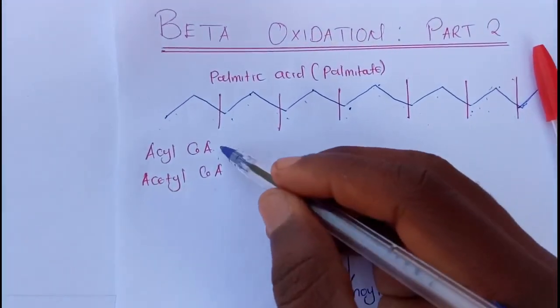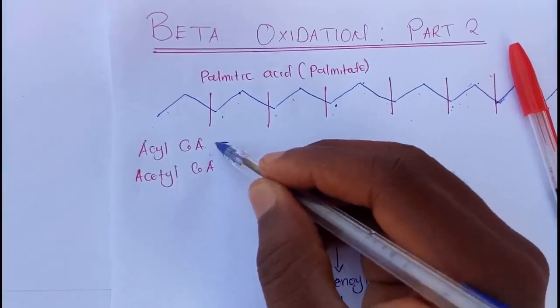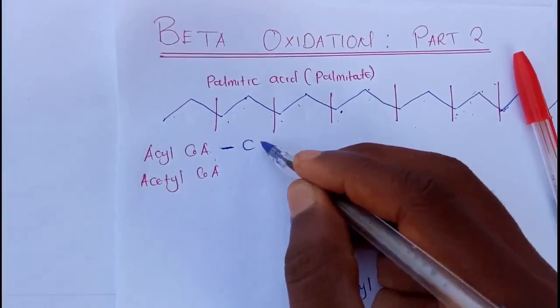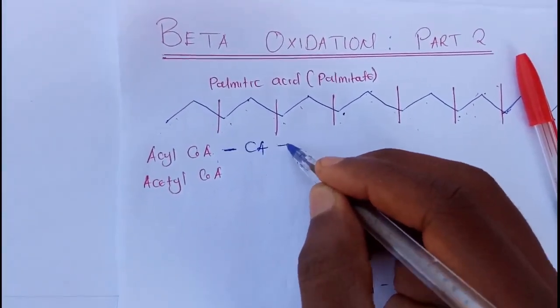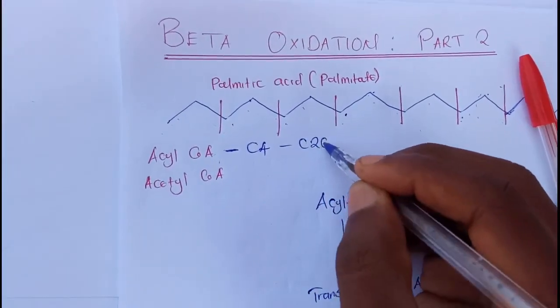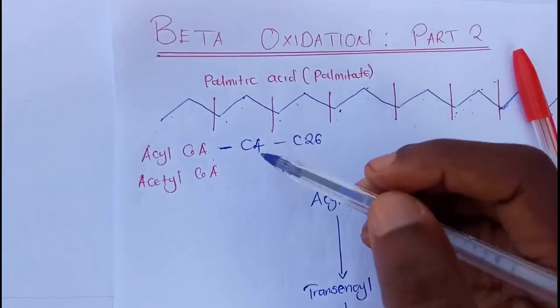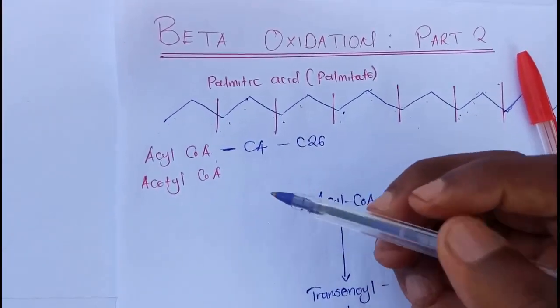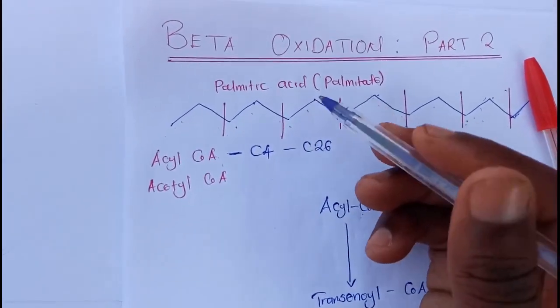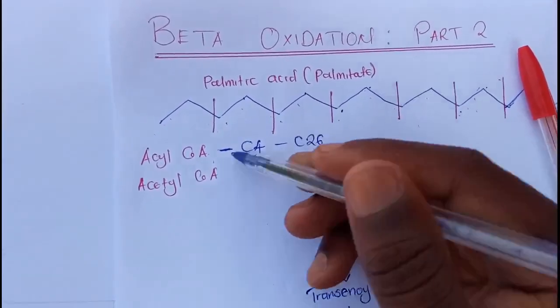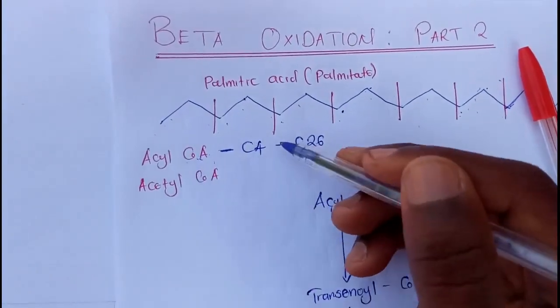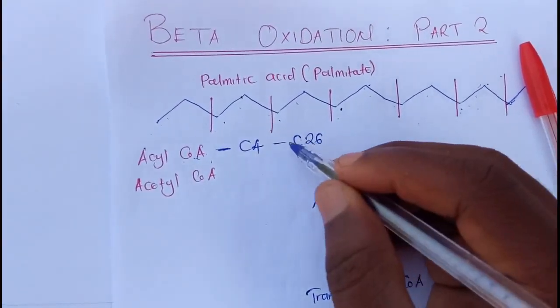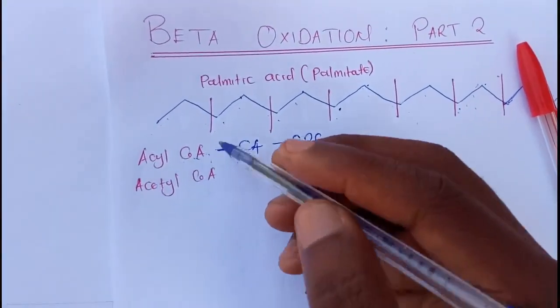An acyl CoA is simply when we have chains starting from C4 to maybe C26. In short, a fatty acid. When we add a CoA to a fatty acid, we form an acyl CoA.